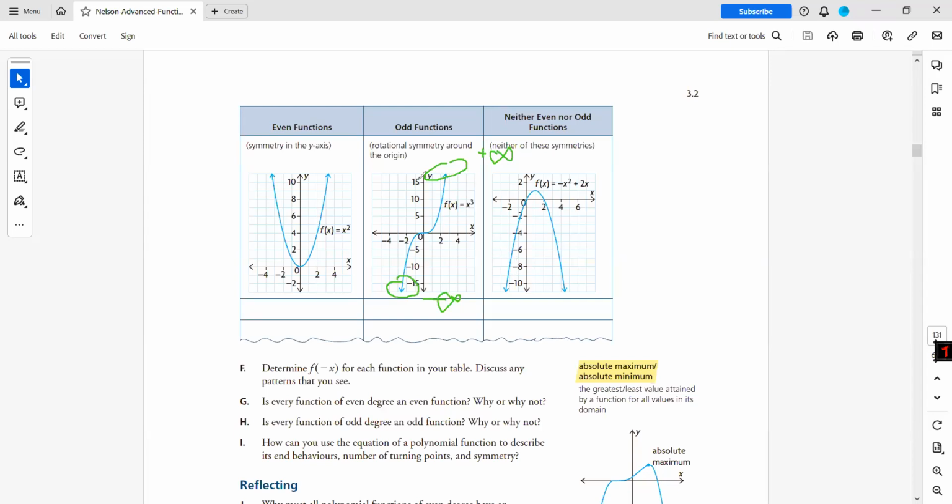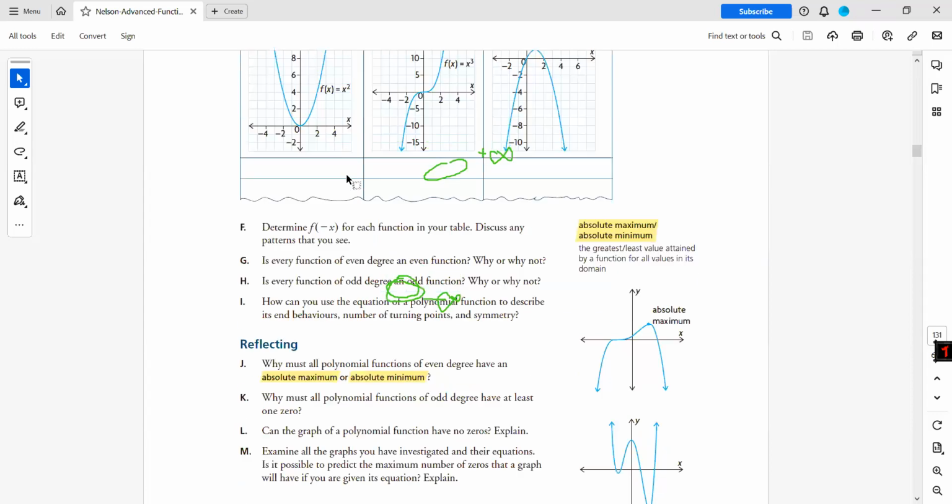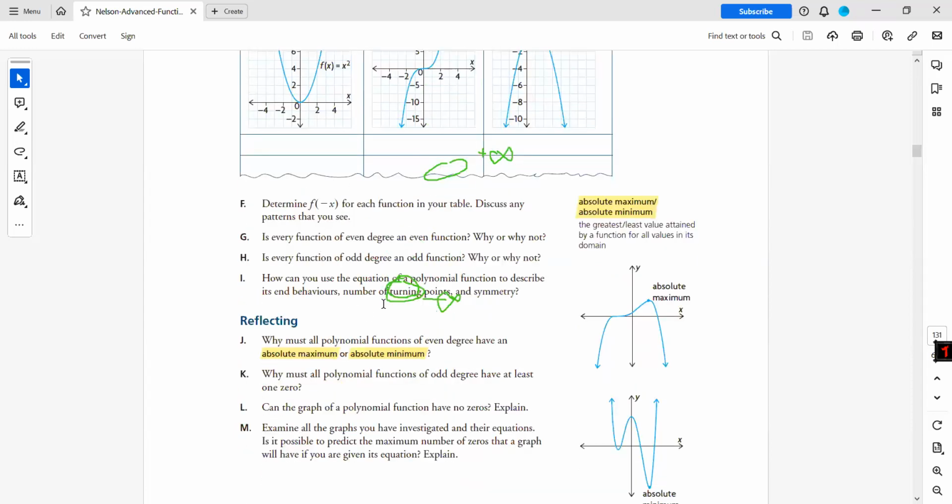Which means if this function starts in one infinity and ends up in another infinity, somewhere in between it was supposed to cross the x-axis. It's not possible otherwise, which means an odd degree polynomial function would always have at least one zero. I hope that's clear.